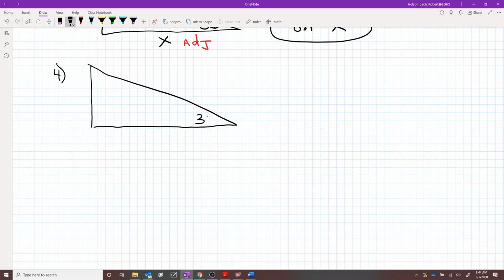Number 4, you've got a 35-degree angle and the hypotenuse is x. The opposite side is 18. Opposite and hypotenuse.